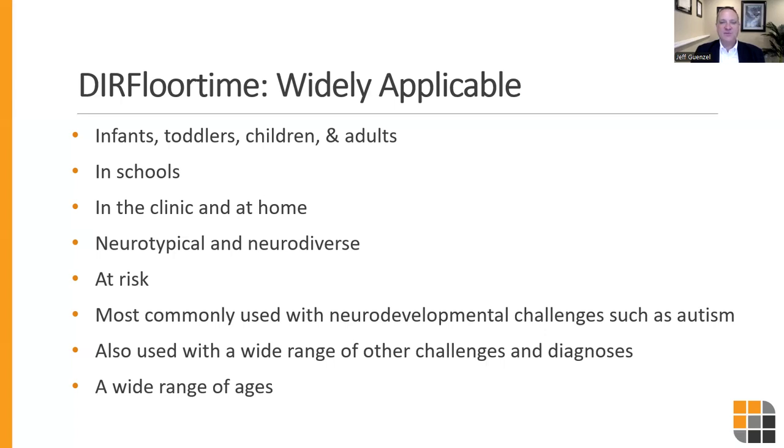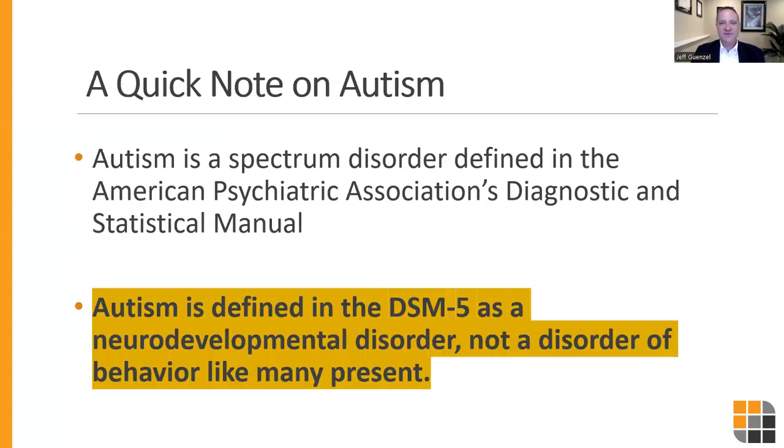And then that brings me to what is autism? A quick note on autism here. By definition, autism is a neurodevelopmental disorder. I think I prefer difference than disorder, but it's neurodevelopmental in nature. It's not defined as a behavioral disorder. And this is not my opinion. This is in the diagnostic manual.